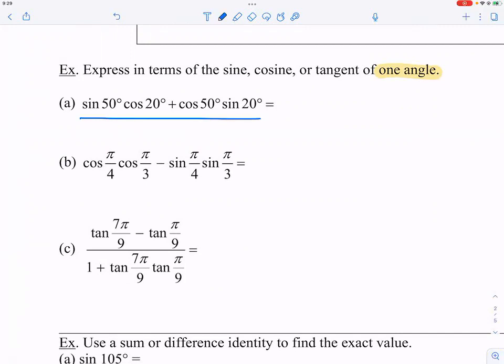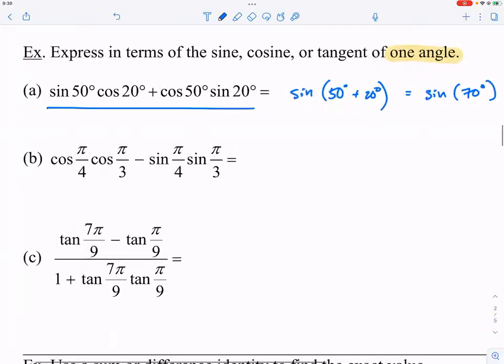It looks like a sine, and it looks like an addition of two angles. So you identify your angle A and angle B. We say that's just the same thing as sine of 70 degrees. This is just a little taste.